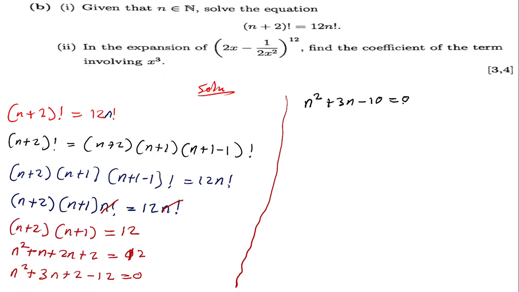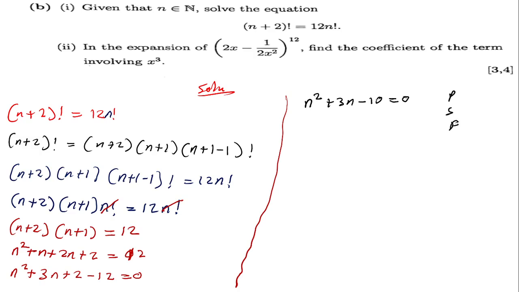For this equation, you can look for the product, sum and factors. For the product, you multiply the coefficient of n squared by the constant, which gives us negative 10.